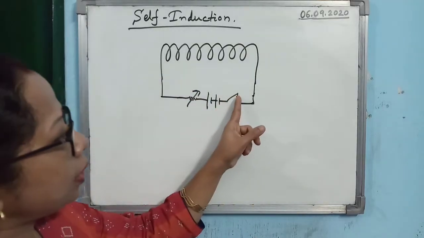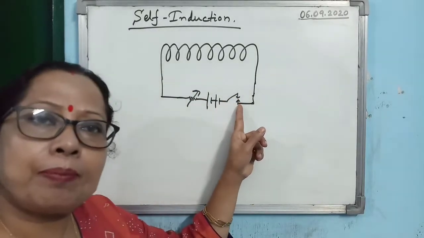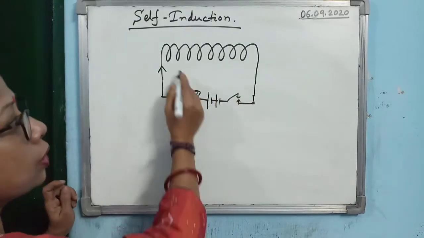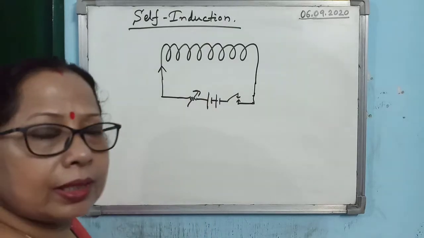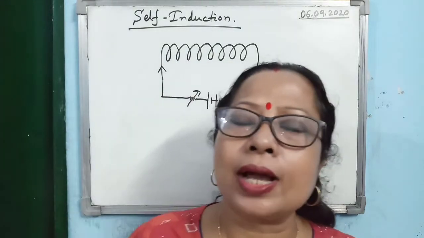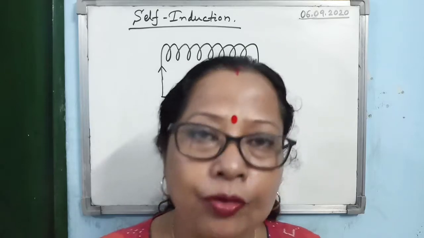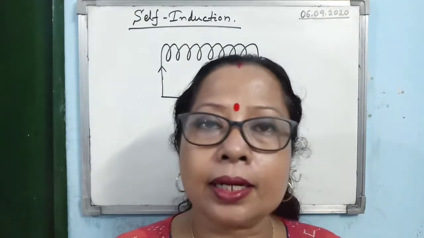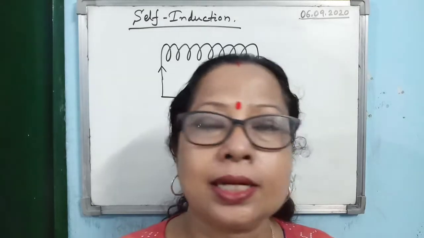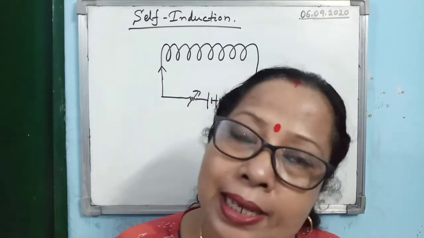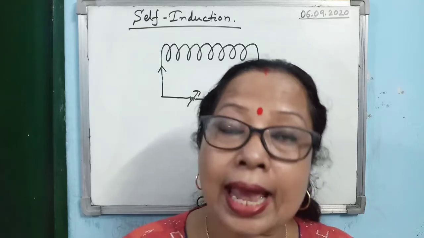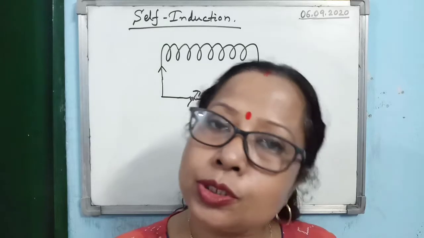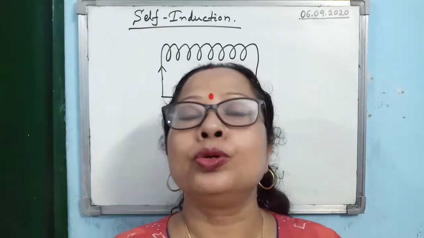Now, the moment you press the key, what will happen? The current will start flowing within it, isn't it? So the moment current starts flowing within the coil, the magnetic flux linked with the coil will increase from 0 to a certain definite value. So electromagnetic induction will take place, and an EMF, as the circuit is closed, an induced current will be produced within it, which will oppose the cause.